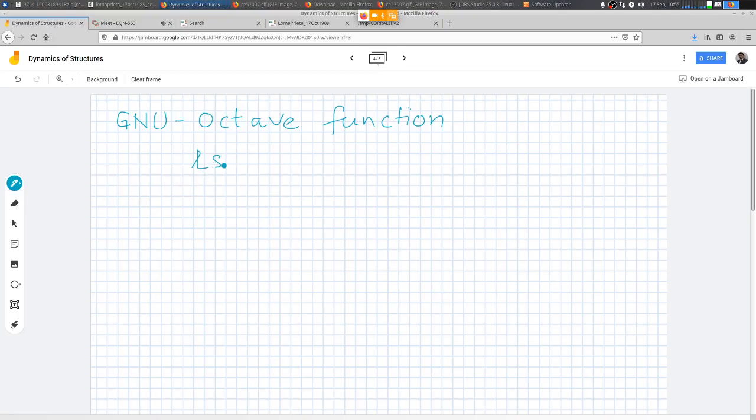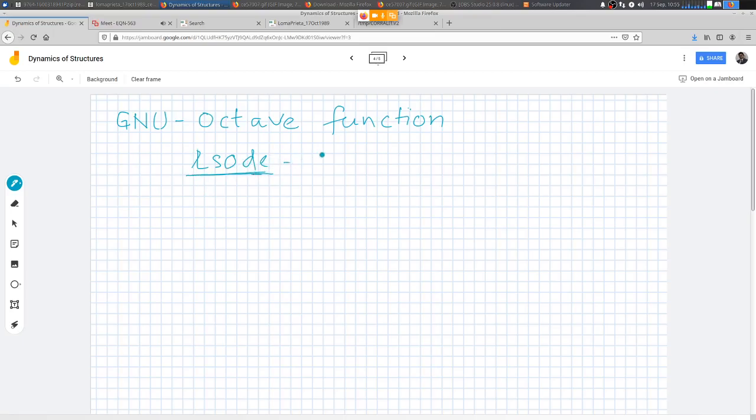Okay, yes, so GNU Octave, so LSODE, this is the function which can solve the solution of ordinary differential equations. That is what it means.